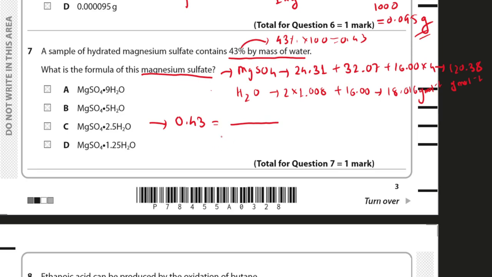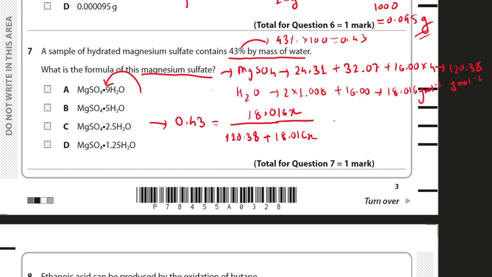The total molecular mass, which we found a little while ago, would be 120.38 plus 18.016. Now obviously we do not know the value of X, the number of moles of water in this hydrated salt, so we need to multiply X with our molecular mass of water down here. Since this whole thing represents the mass of water, it goes in the numerator as well.